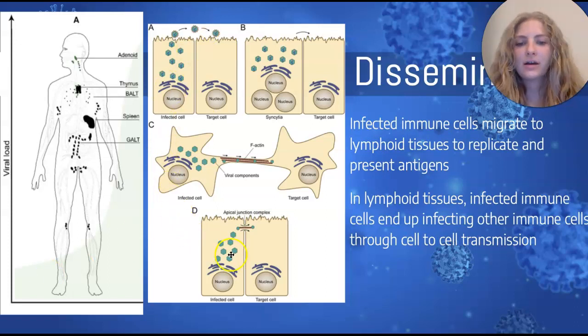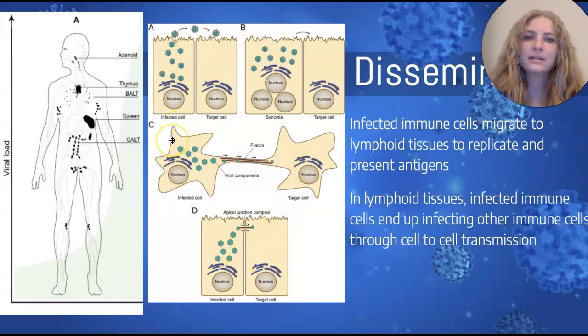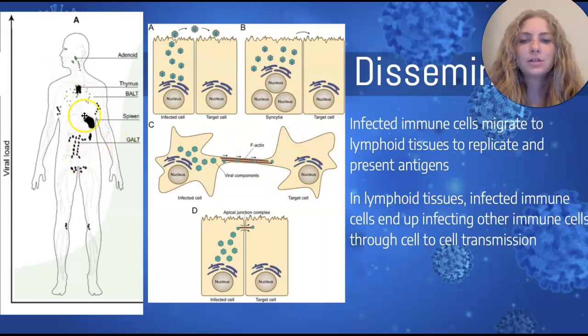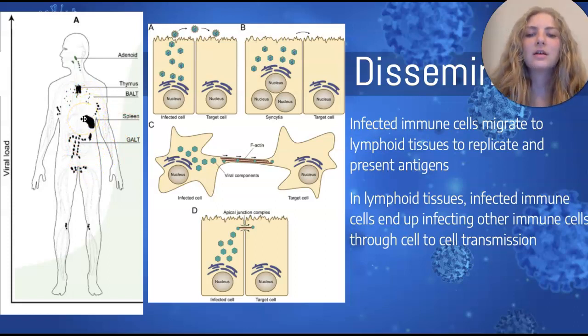This is a picture here of what that cell-to-cell transmission might look like. You can see this cell is passing on its viral components to this other cell. And here is a picture of those lymphoid tissues and where the infected immune cells may travel to infect other immune cells.